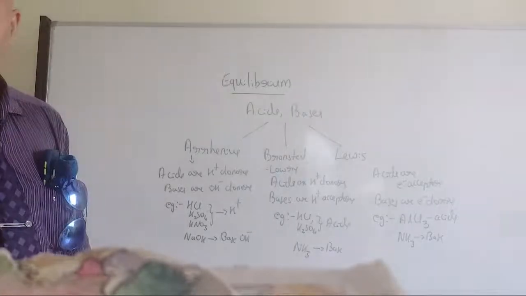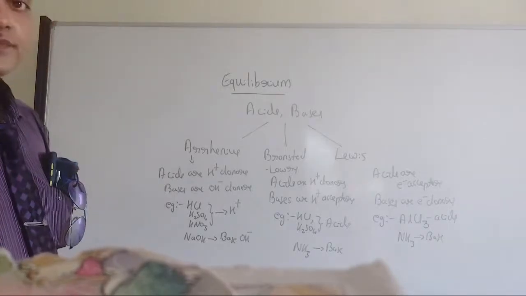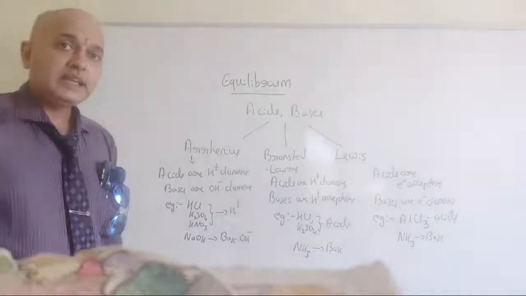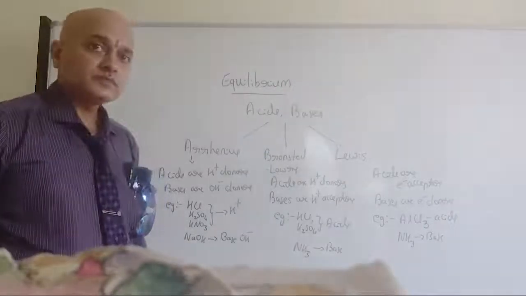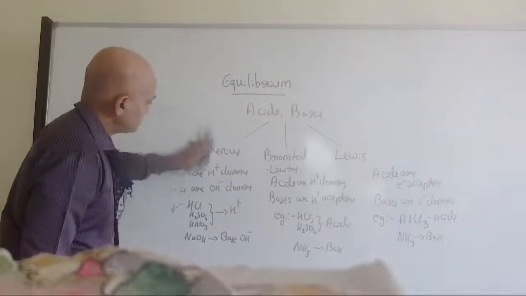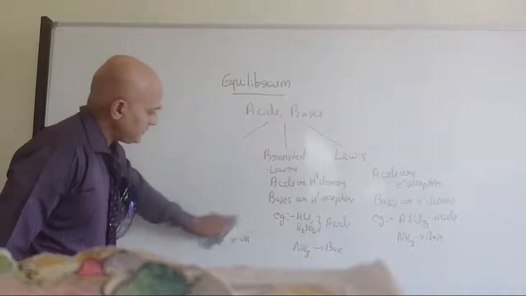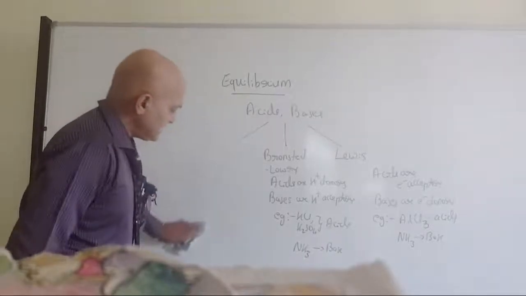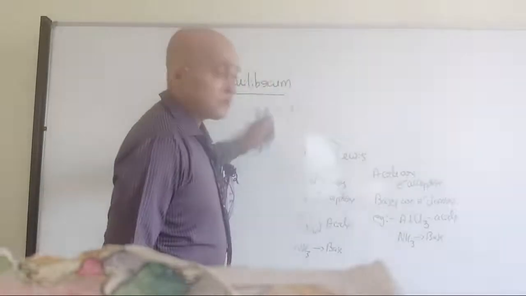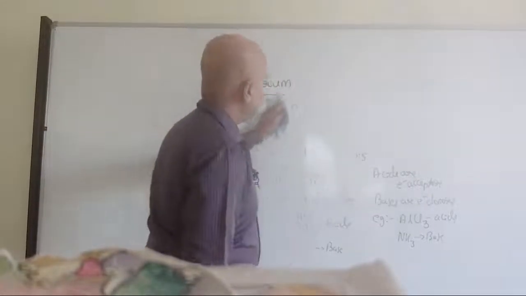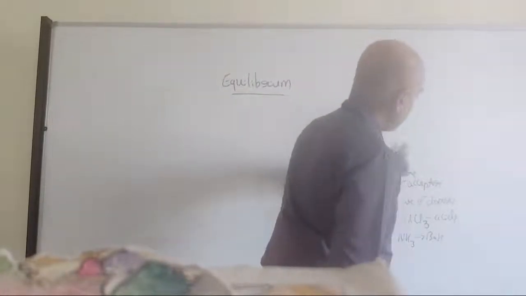Any doubts with regard to this one? Okay. So definition and examples are what you can expect from this part in your exams. So that's where we have the different theories which explain acids and bases.